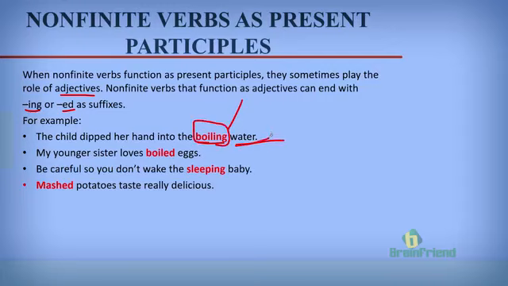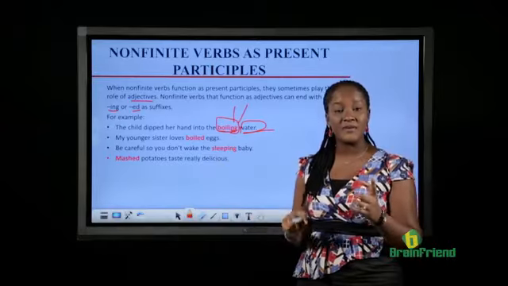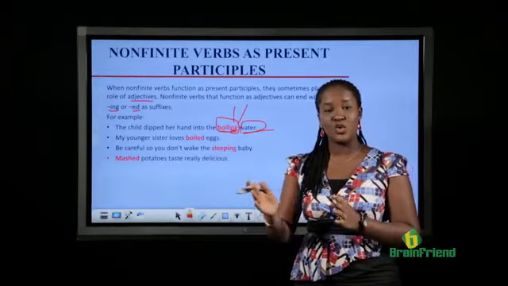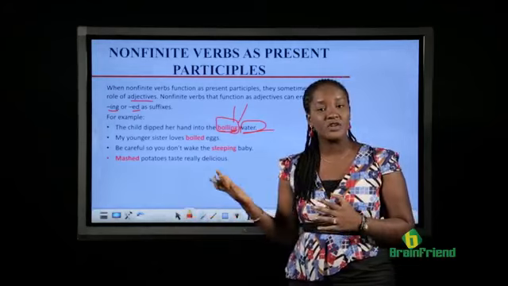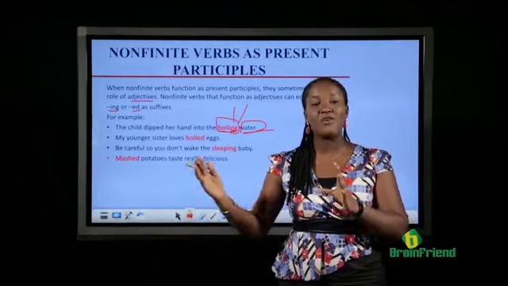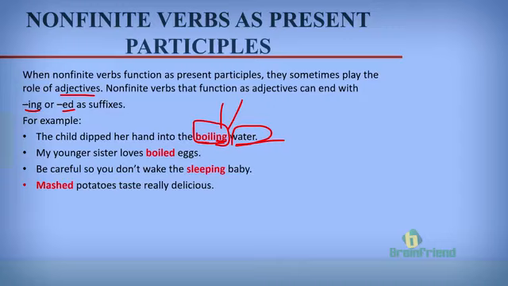So it functions as an adjective even though it's a verb. It's a verb because it has ing, and only verbs can take ing to show present continuous, or some form of progressive tense. But it functions here as an adjective because it provides more information about water.